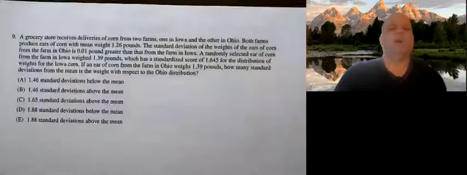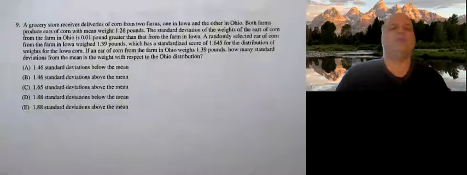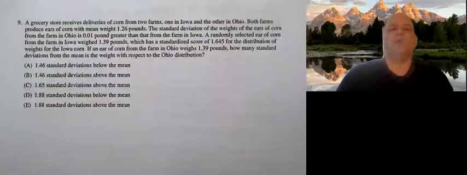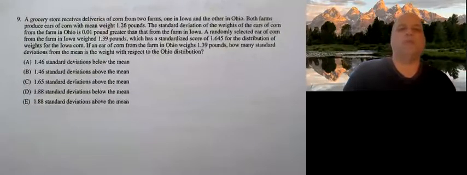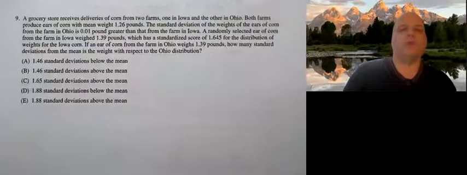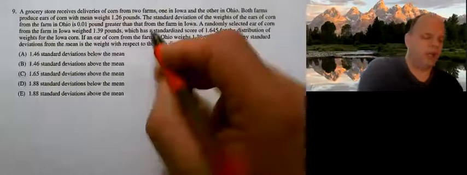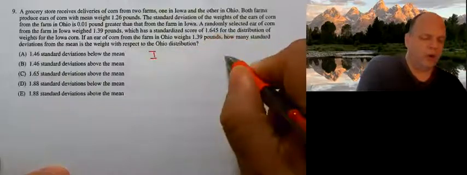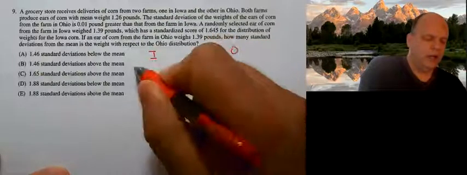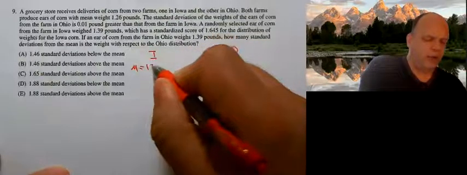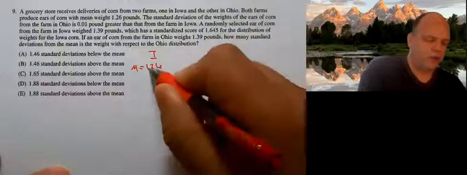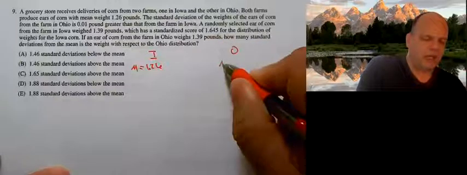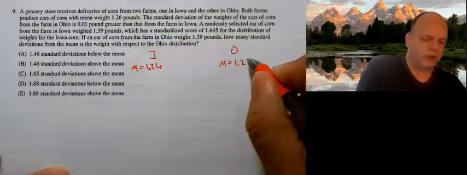For number 9, a grocery store receives deliveries of corn from 2 farms, one in Iowa and the other in Ohio. Both farms produce ears of corn with a mean of 1.26. I'm going to go ahead and make a little table here. Iowa, Ohio, and this has a mean equal to 1.26, and this has a mean equal to 1.26.